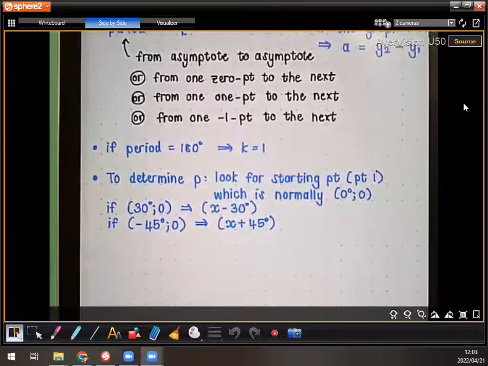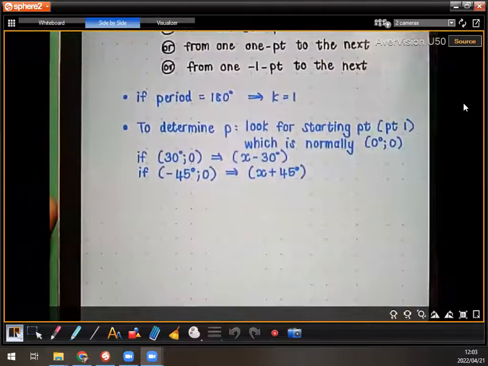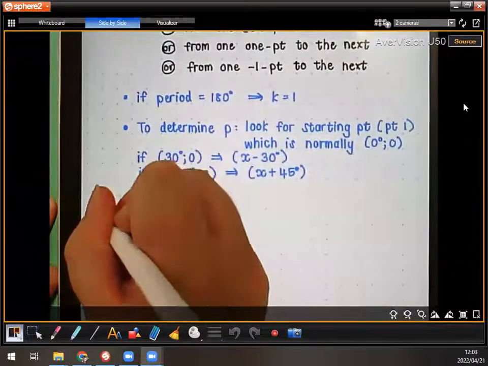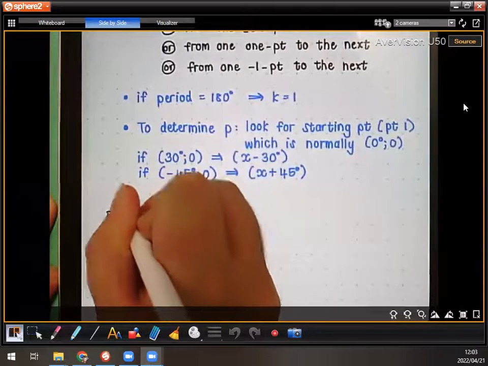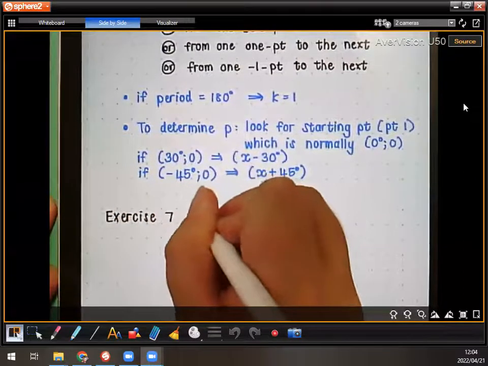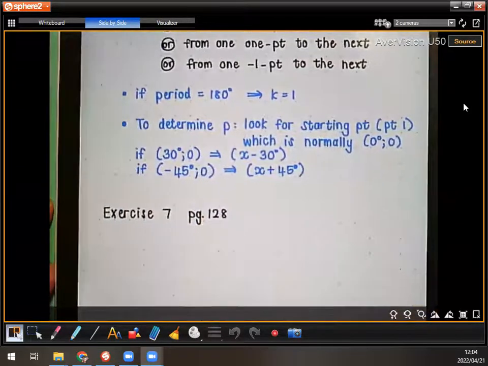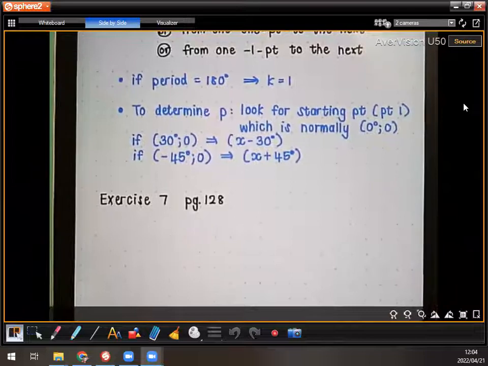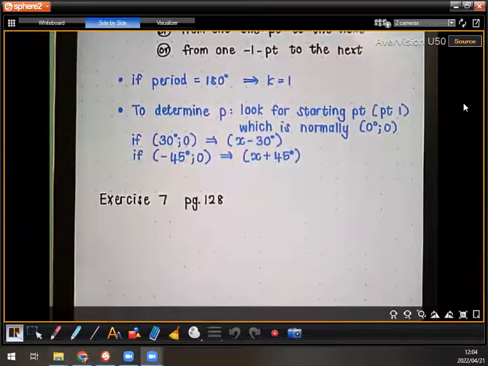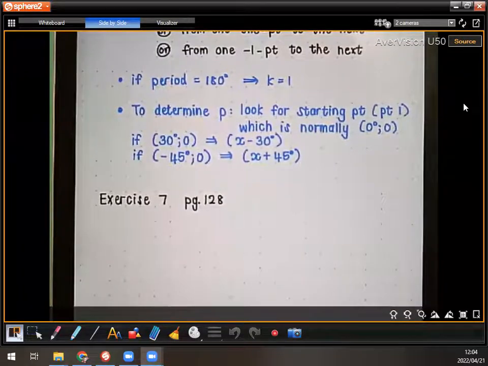Okay, there is an exercise in the textbook which is a bit strange in the way that it's given. So I'll put it on the board. They've given 5 graphs on one set of axes.